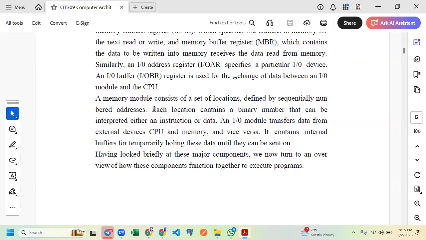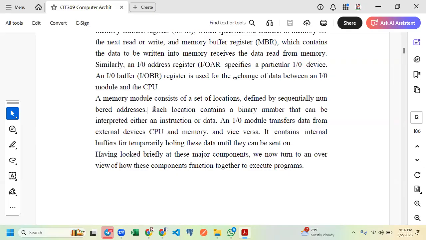If you remember, MAR is the one that specifies which address will be assigned to the next read or write in memory. And the MBR, the memory buffer register, holds the data that is to be written into the new memory address.